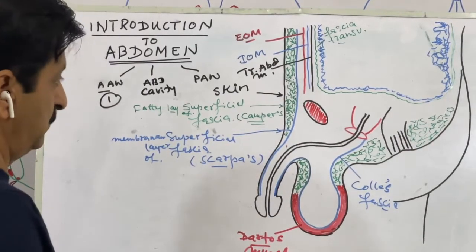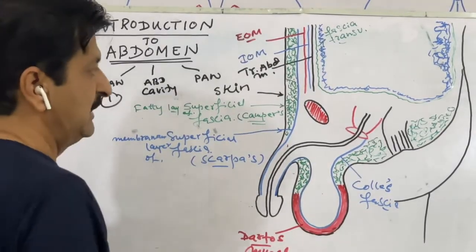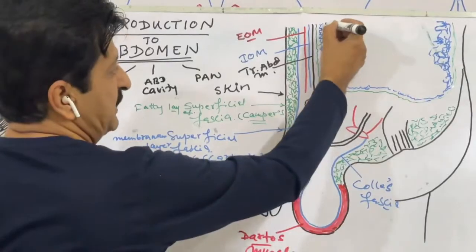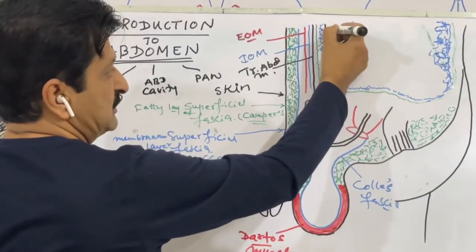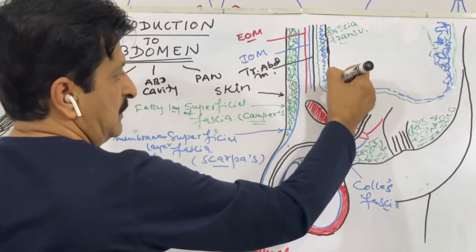But when you come deeper to this, it will be the last layer before the peritoneal cavity. This is a very thin layer, simple squamous epithelium.